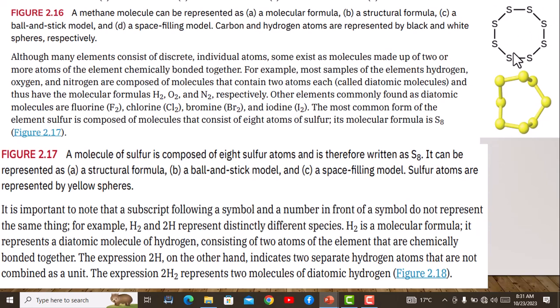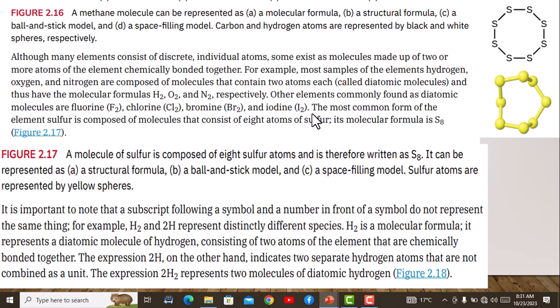The structural formula doesn't clearly show the angles that make up the molecule, but the ball and stick model gives us insight that the angle at which they bond is never the same. It differs from one atom to another, and the shapes and alignment are not the same. These are some of the things worthy of noting. When we continue further in chemistry, we will deal with these angles and why they are the way they are.